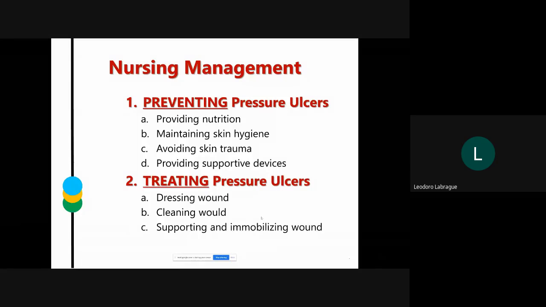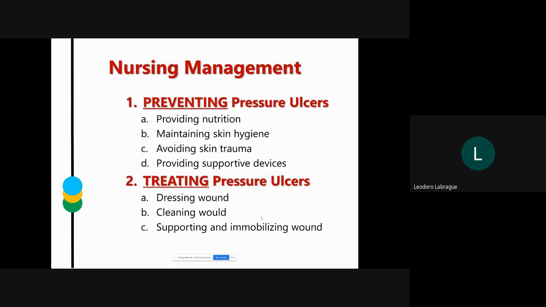Okay, and I'm going to discuss one by one. Part of your prevention is providing nutrition. We already discussed these things because nutrition is important for wound recovery and healing. Part of your prevention also is skin hygiene. How do you clean the skin, especially if the patient is incontinent?